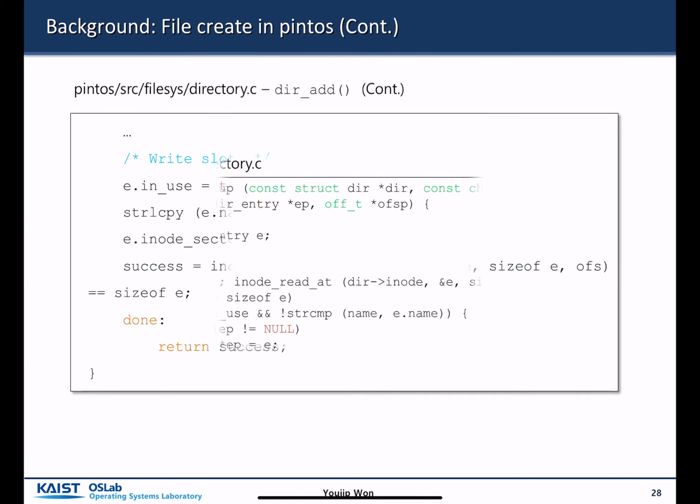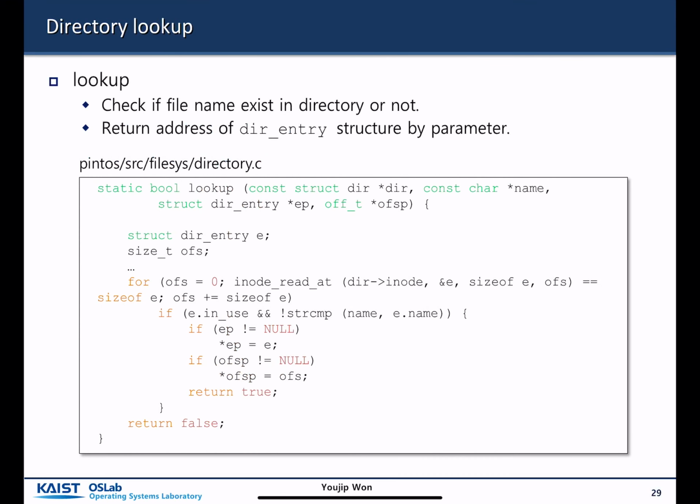Let me skip to the next slide. Now, the directory lookup. Directory lookup takes a directory pointer, a name, a directory entry pointer, and an offset.